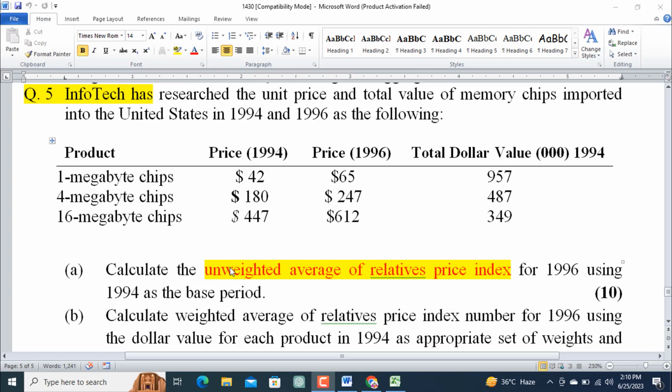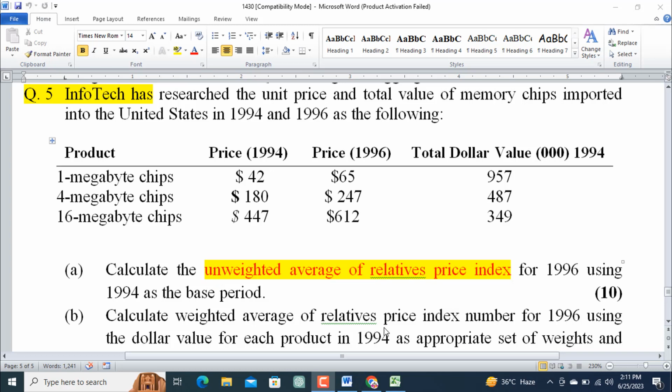In question number 4 we determined the unweighted average price index. Here we are going to determine the average of relative price index, as relative means in relation to something. So at the time of discussing the solution we are going to clear it in more detail.